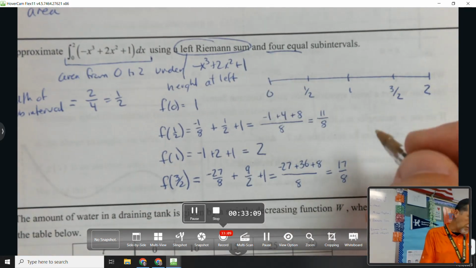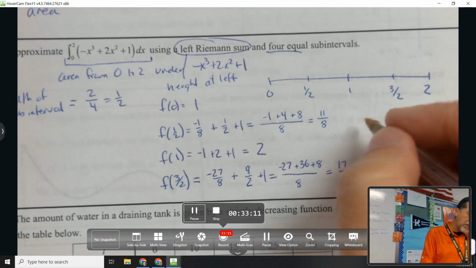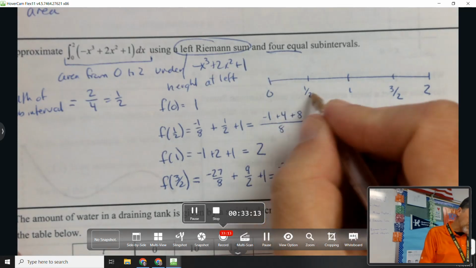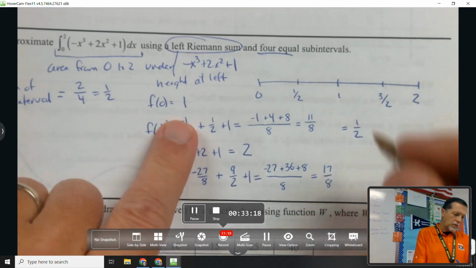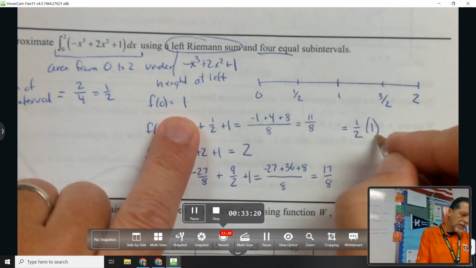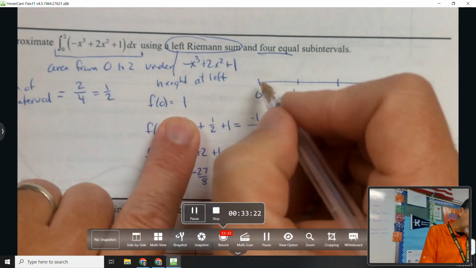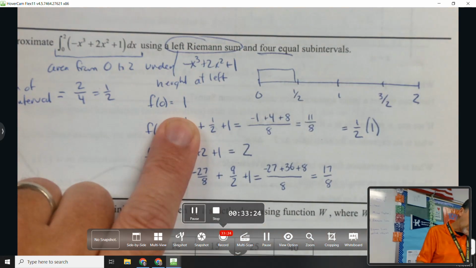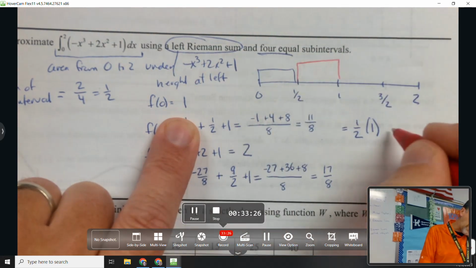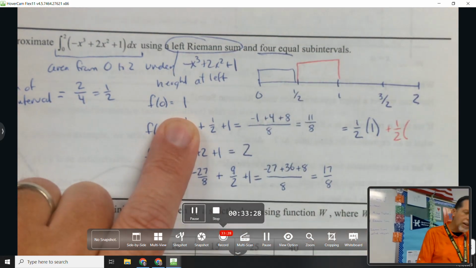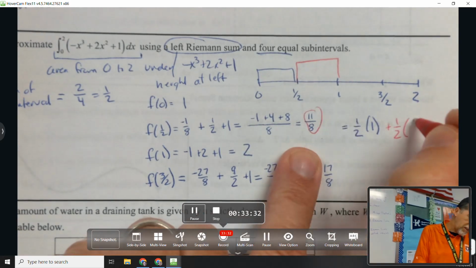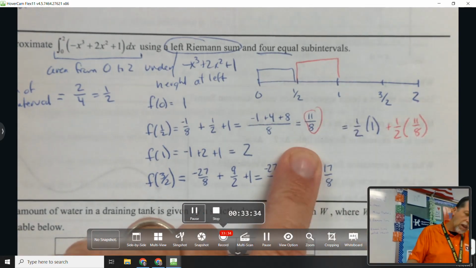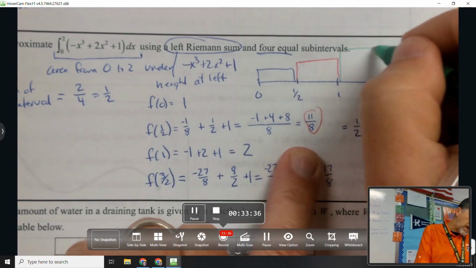My area then is width times height. So my first width is 1/2. Actually, all my widths are 1/2. 1/2 times 1. That would be this one. And then my next one would be 1/2, because they're all 1/2, times the height at 1/2, which is 11/8. And I don't know if I'm drawing these to scale or not.